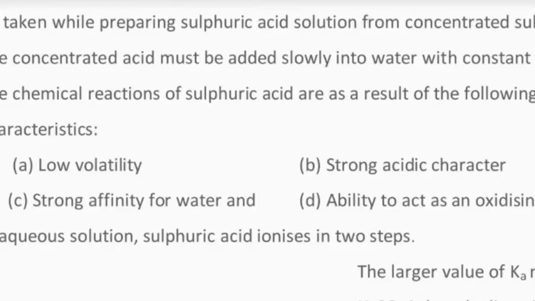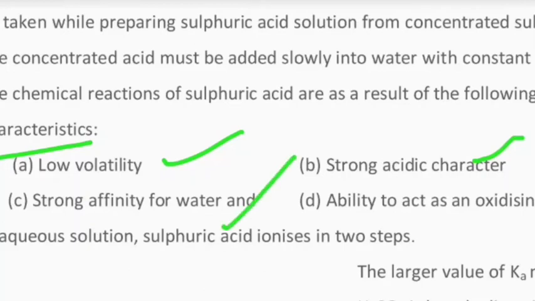Chemical properties of sulfuric acid. The chemical properties of sulfuric acid are a result of the following characteristic features. One is the low volatility. It is a low volatile liquid. Then the second one is the strong acidic nature. It is highly acidic in nature, due to the strong affinity towards water.